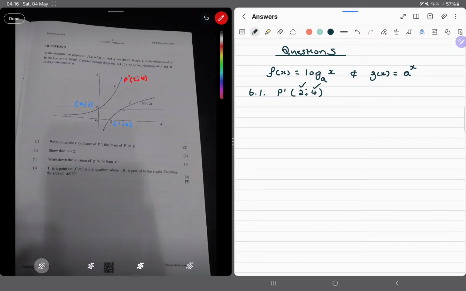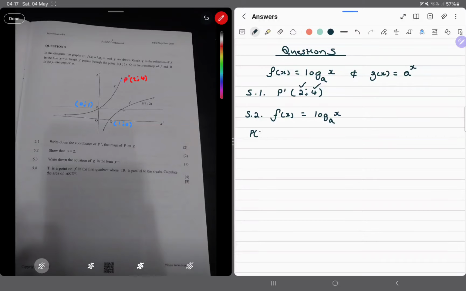Interesting. Now, it says show that a is equal to 2. So 5.2. We know that f of x is the log of x to the base a.